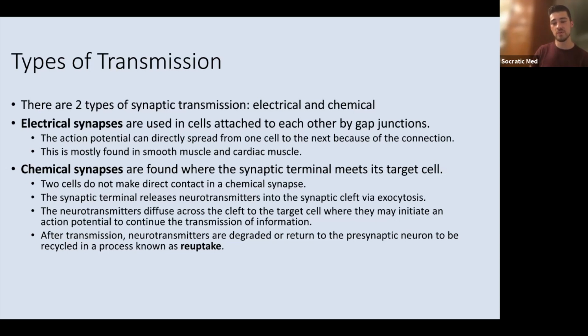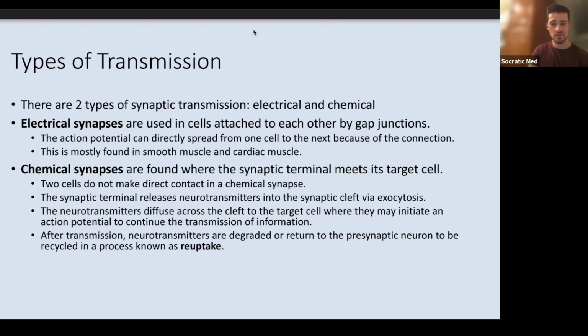Whenever an action potential reaches the end, these vesicles move closer toward the membrane. The membrane associates with the vesicle, and then it spits out the neurotransmitter, and it travels across the synaptic cleft, as we said, and it touches the postsynaptic neuron. So they initiate action potentials to continue the transmission of the information.